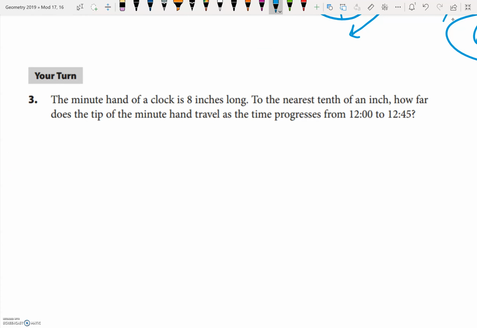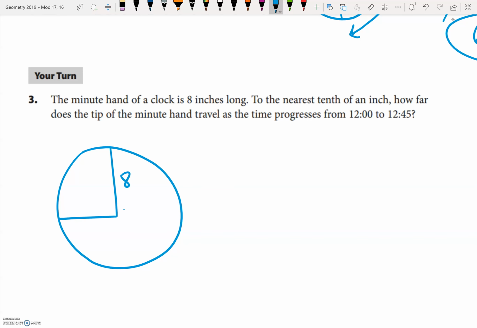All right, so let's do number 3 here. We have a clock. The minute hand is 8 inches long. We are going from 12 to 12:45. So that's going to be 360 minus 90, which is 270. So we're going 270 degrees over 360 times 2 pi times 8.